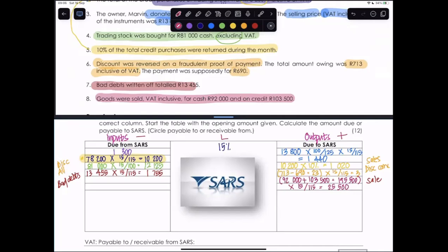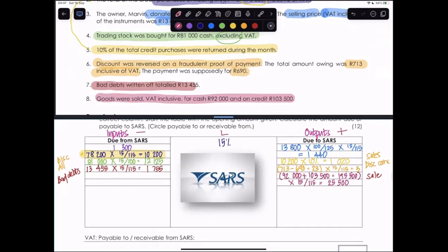And if you add them all together and you add the outputs and subtract all the inputs, you should find that there's an amount of 2,588 rands that are payable to SARS. And it is very important to either write payable over there or circle payable or cross out receivable. It doesn't really matter which you do, as long as you definitely indicate that that is the final amount that is due to SARS.